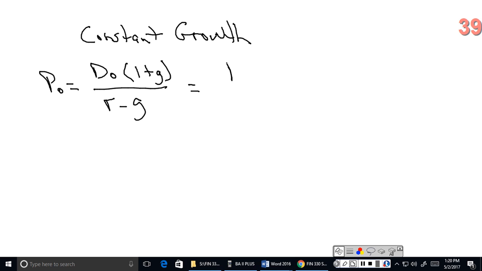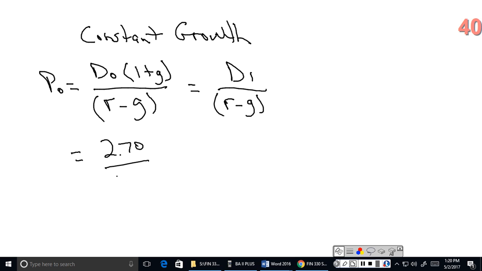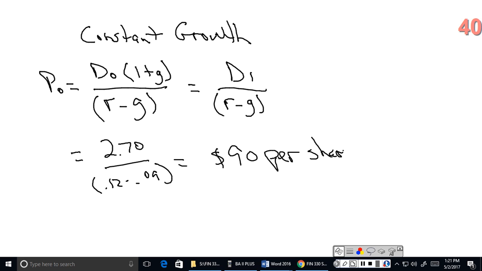This also equals the next dividend to be paid divided by R minus G. And to be mathematically correct, I will put those in parentheses. For this problem, we're given D1, so we would just plug the numbers in, and that's going to be 2.70 divided by 0.12 minus 0.09. And that should equal $90 per share.